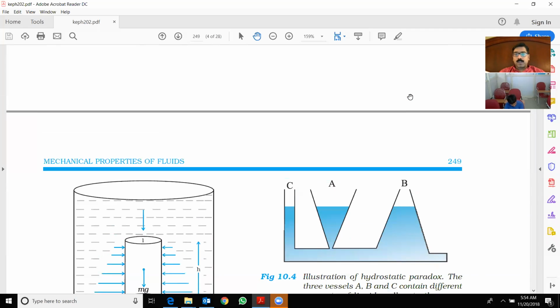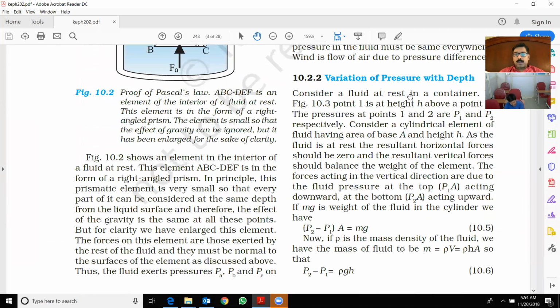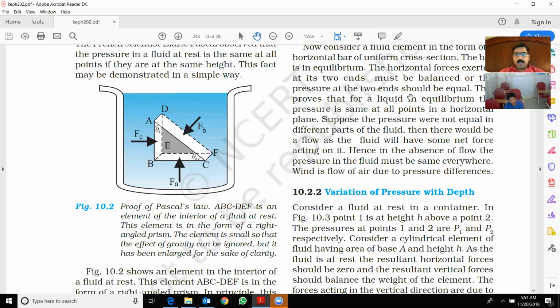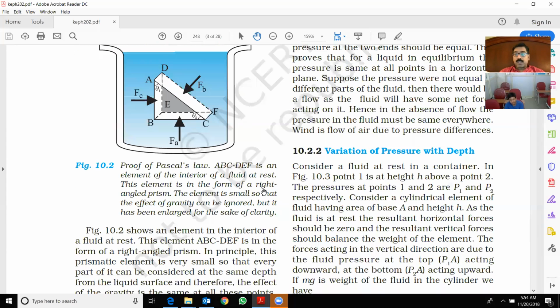This is proven based on the experiment that we have seen earlier, Pascal's law. In Pascal's law, what we have seen is that at a particular depth, the pressure is constant. The pressure varies with depth, but at a certain depth, the pressure remains the same, right?